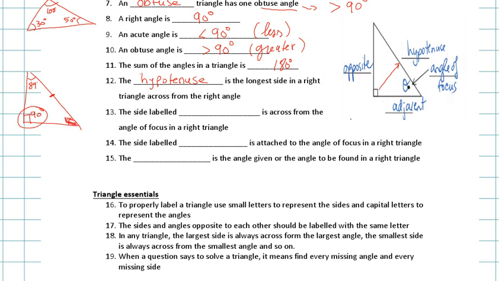So always the greatest angle will have the greatest opposite side. So thinking about this, 90 is the greatest angle and it's always going to be my greatest angle. So that's why the hypotenuse is always your biggest side, because 90 will be your biggest angle in a right angle triangle.